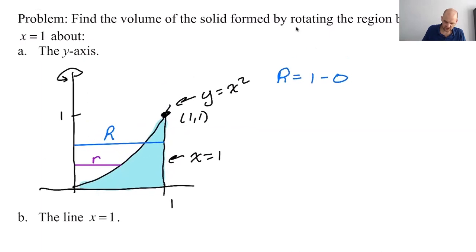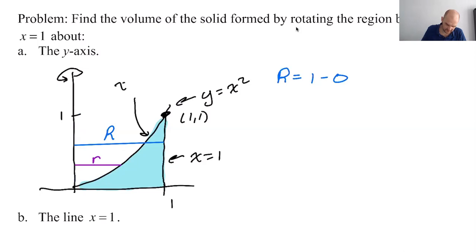So I need to subtract 0 from whatever this x-coordinate is, or this x-coordinate, or this x-coordinate. I need to know this so I can do this thing minus 0, this thing minus 0, this thing minus 0. So I need to really have this curve in terms of x.